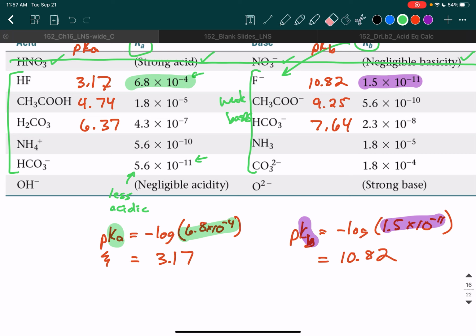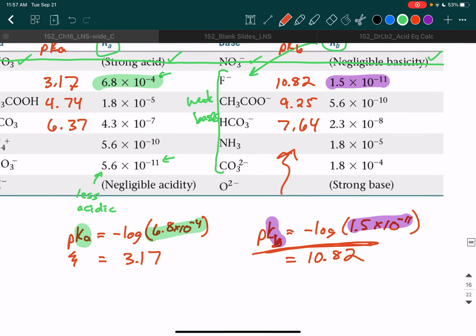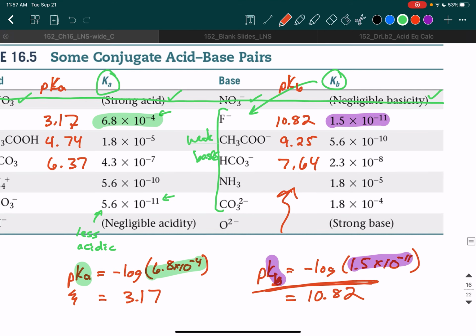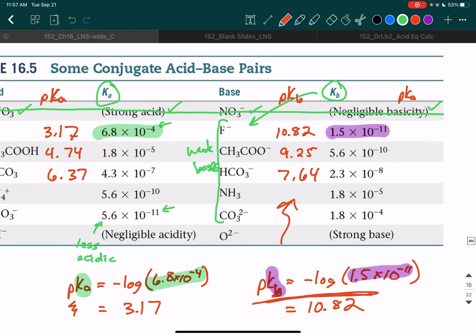Those answers there, I actually plugged into that formula. I didn't use 14 minus pKa. I actually used that full expression down there. Because if I add up those two values, it becomes a redundant mess.